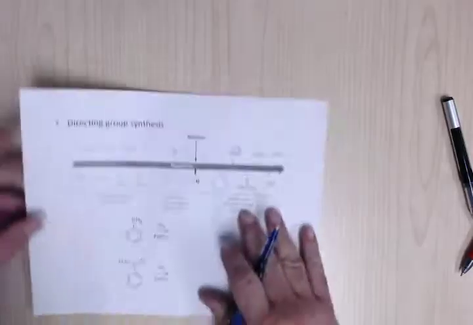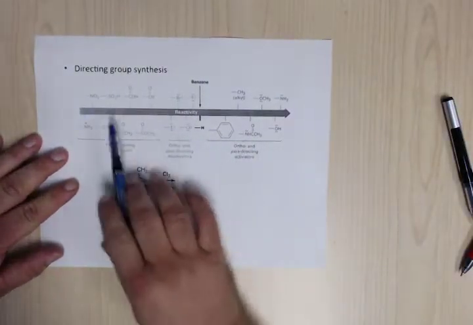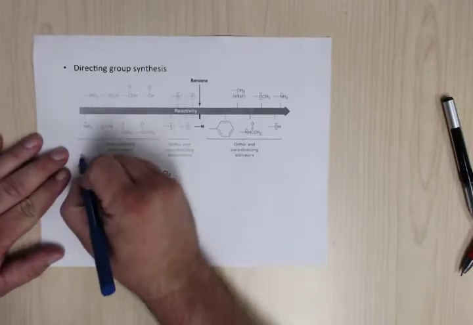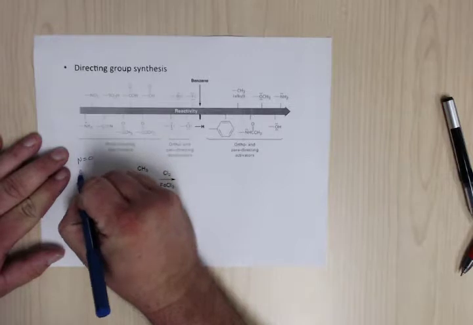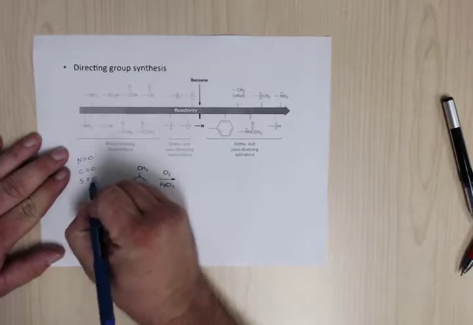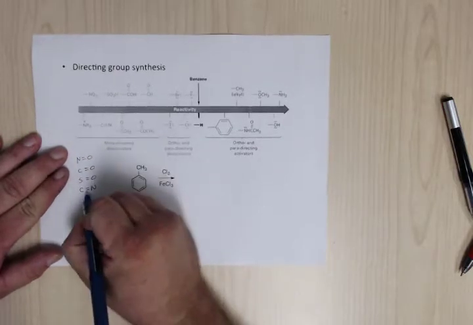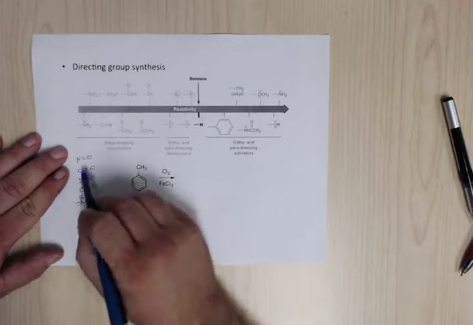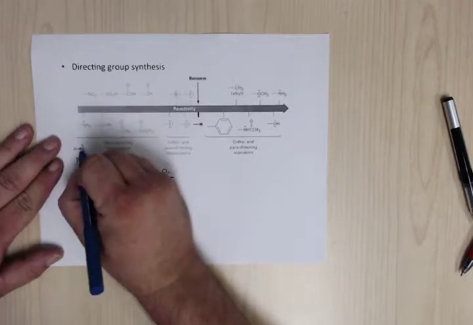Now, just as a reminder, for directing group strategies, this didn't print out very well. If you have N double bond O, C double bond O, S double bond O, C triple bond N, let's say N plus, these groups are meta directors.